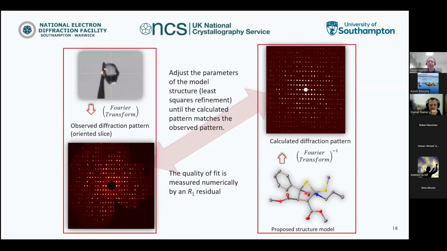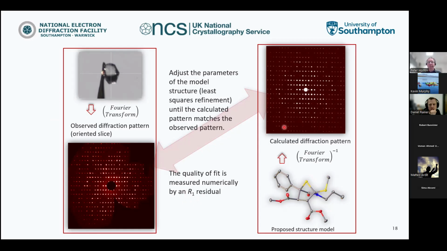So what we do instead, we have this thing called the phase problem, where we lose this information when we're collecting the data, and we've got to generate it again. So we propose a model, calculate its diffraction pattern, compare it to the actual diffraction pattern we collected, see how good a fit it is, tweak it to make it better, and then go back and hopefully have a better pattern, and so on.